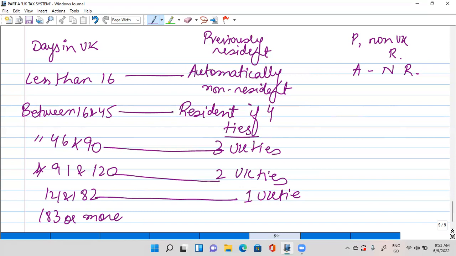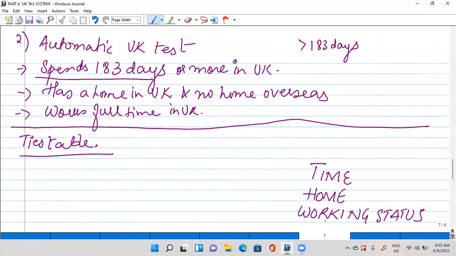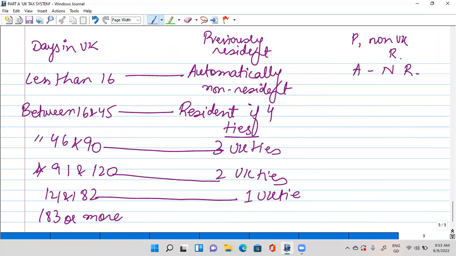And if he's spending more than 183 days, so we have seen this in the automatic UK test, he will be considered automatically resident. Now he will be considered in the second condition.